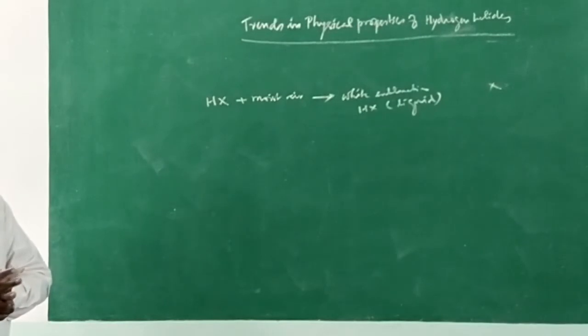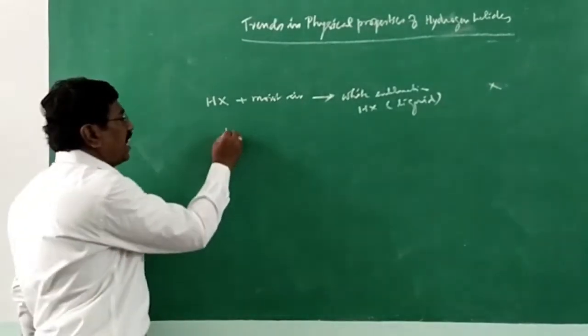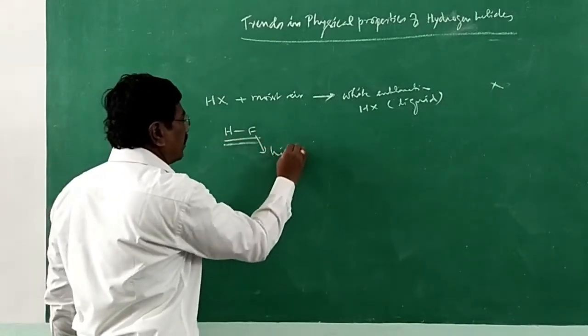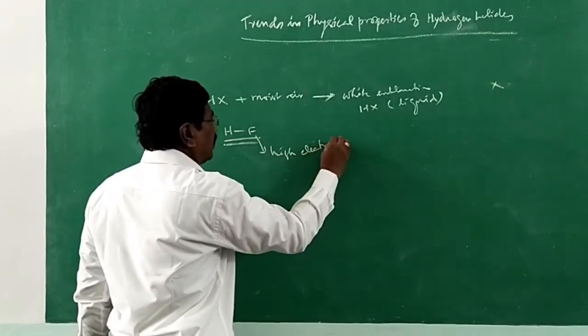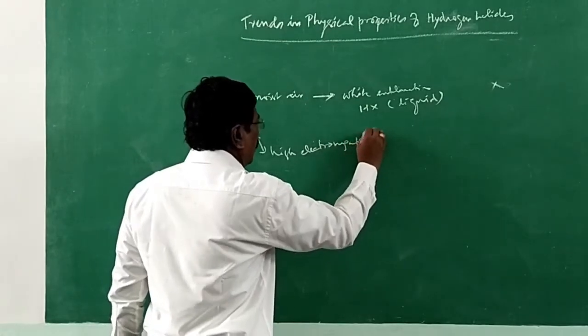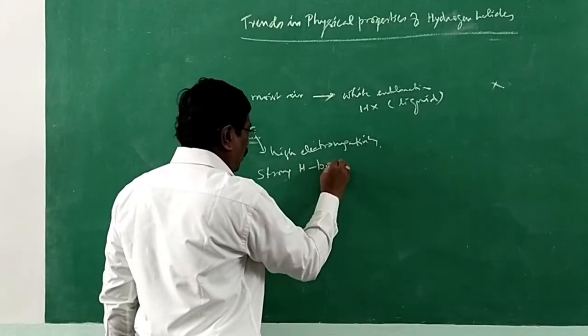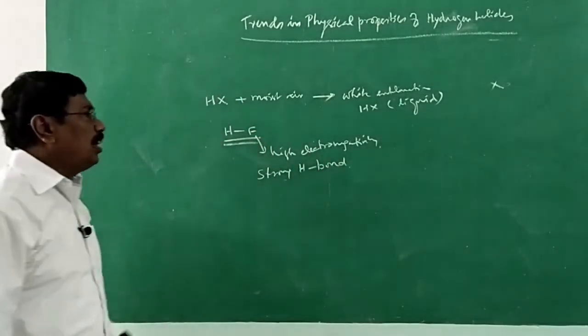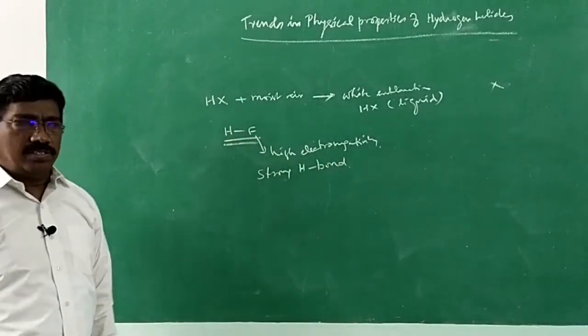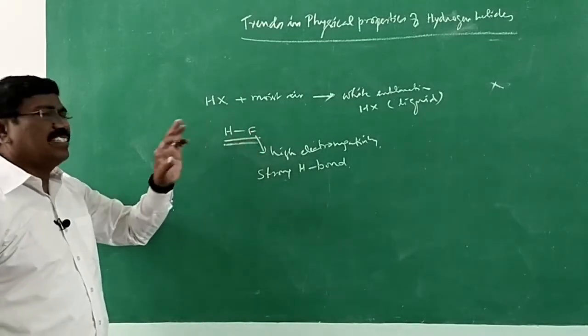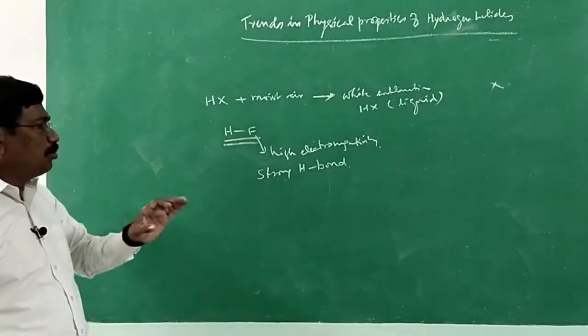And among these hydrogen halides, HF is having a strong bond because of high electronegative nature, high electronegativity. Therefore, strong hydrogen bond. Hydrogen bond is possible only with more electronegative elements that we are aware. Fluorine, oxygen, sulfur, only these three elements seem to be more electronegative.